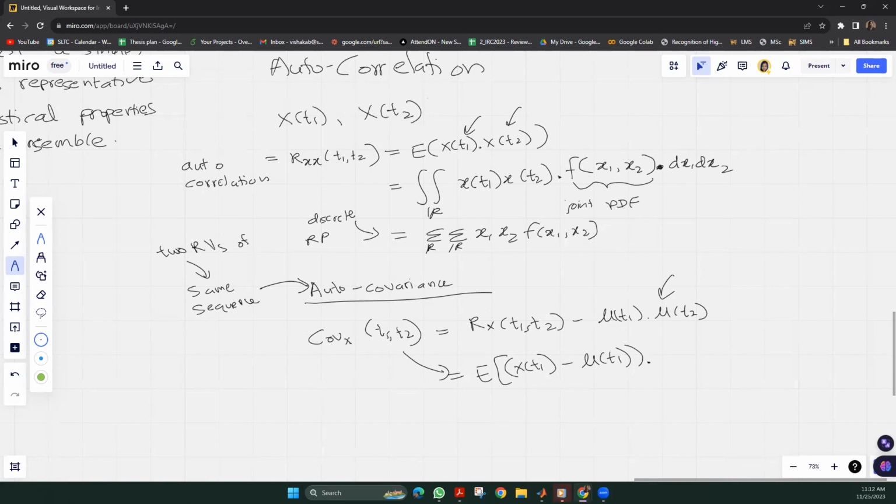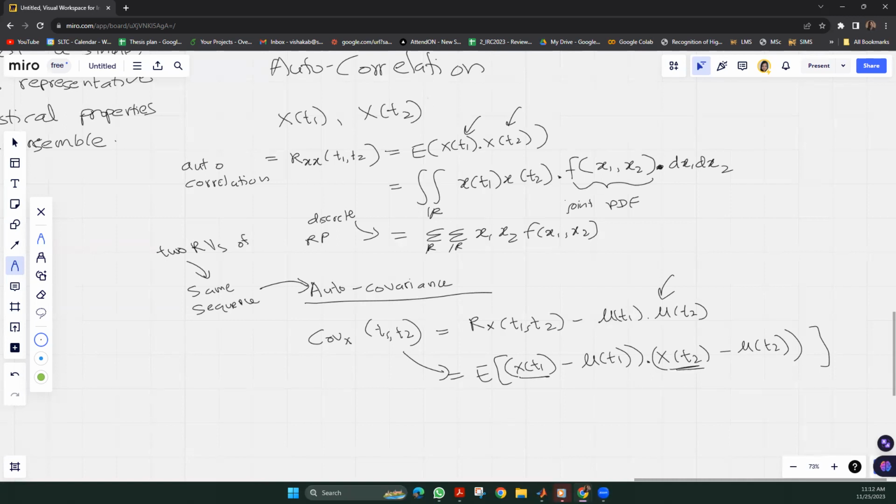Then we multiply it with the other random variable xt2 minus mu t2. By taking these products, we can get the covariance between these two random variables.